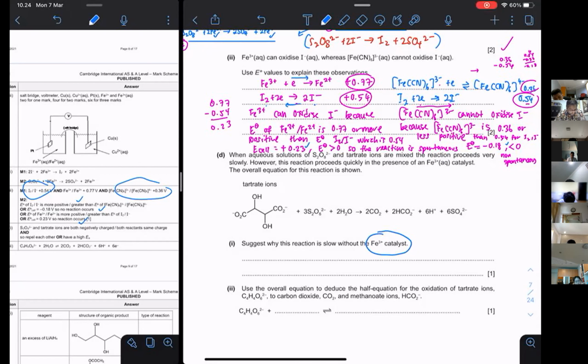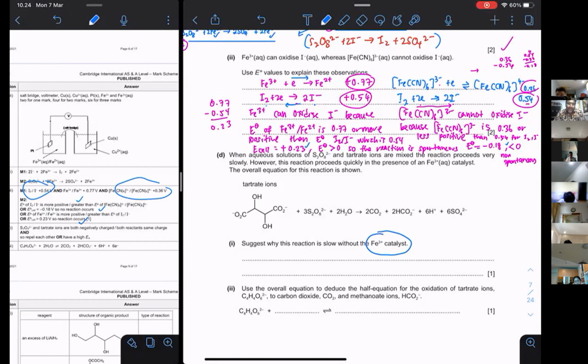So the catalyst, I think normally we say, the presence of catalyst is because without the catalyst, you need a very high activation energy. But we cannot simply in A2 just give the answer, it requires this because they have high activation energy. You need to tell why they have high activation energy.